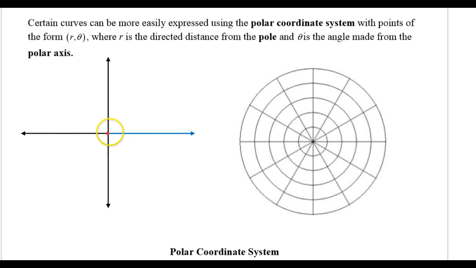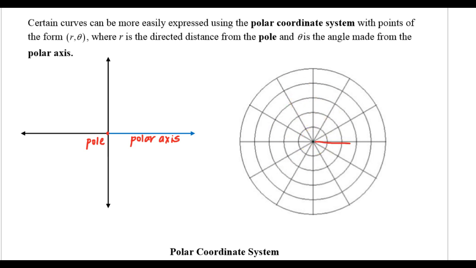I am going to label the origin with a special name called the pole, and then theta is the angle made from the polar axis. This line here in blue, which would normally be the positive x-axis, has a special name. It's called the polar axis. This is on a two-dimensional Euclidean plane, but we typically see polar coordinate systems on graph paper that looks like this, with these rings around it.